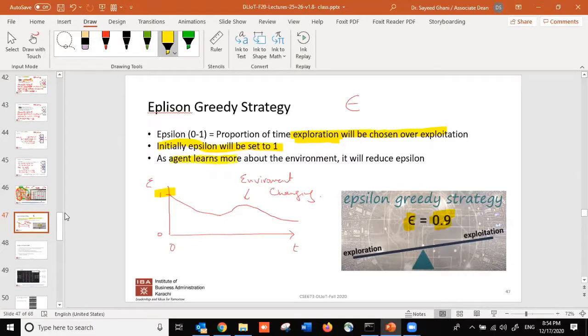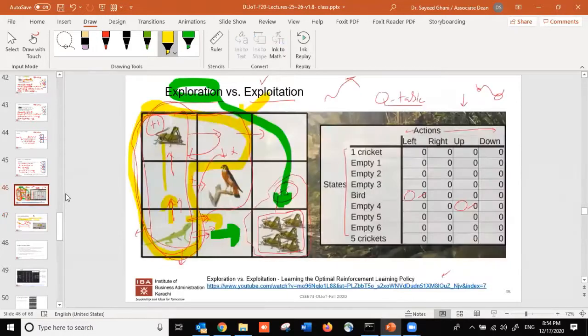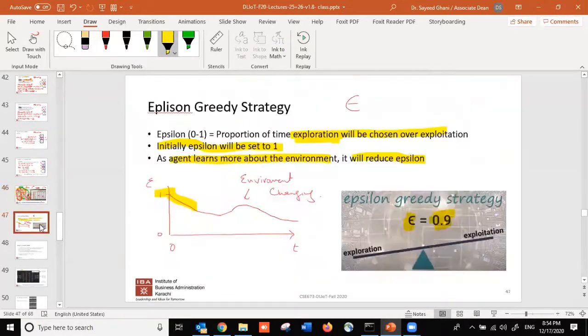But as we learn more about the environment, we're going to start reducing the epsilon value. Okay. So we're going to slowly keep going downwards. All right. So as we become more and more comfortable with our environment, we know that we've explored the whole region. We don't need to actually explore so much because exploration is not really going to give you so much value. We're going to start exploiting what we've already got. Once in a while, what you might have is a change of the environment.